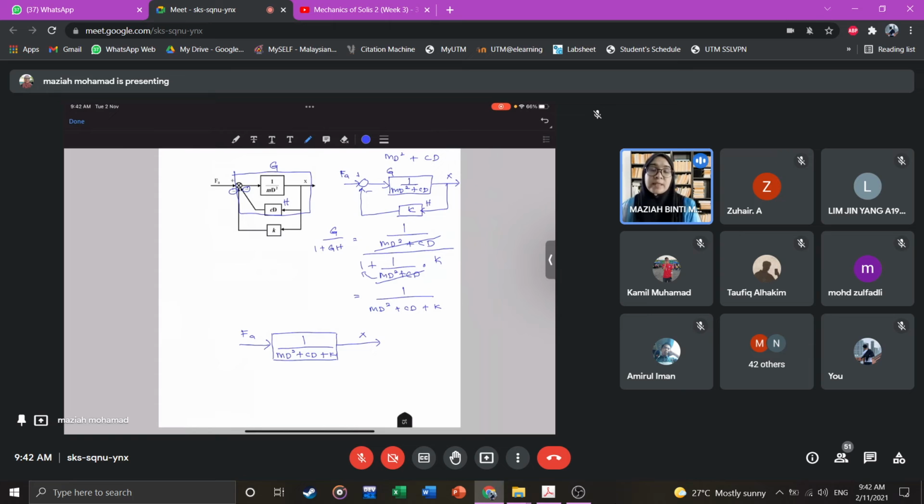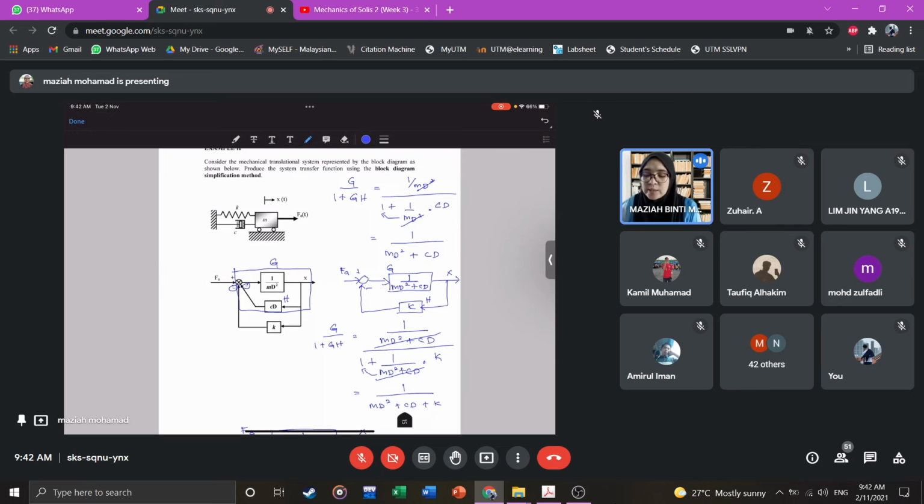So that is the final transfer function based on the steps of the block diagram manipulation method. Okay, we do step by step in order to get the final transfer function.